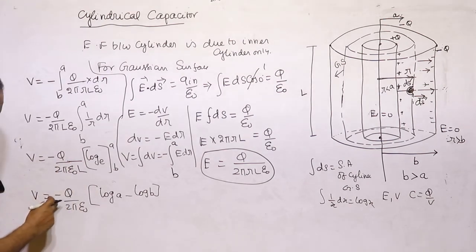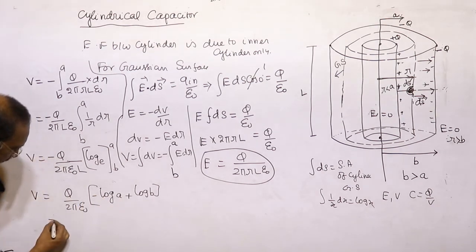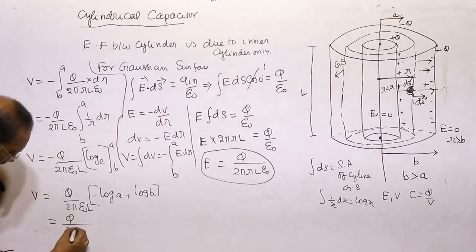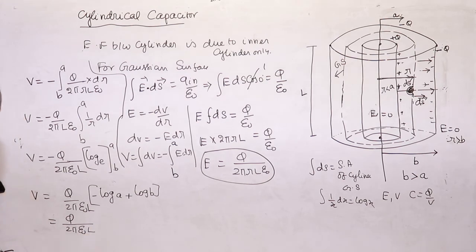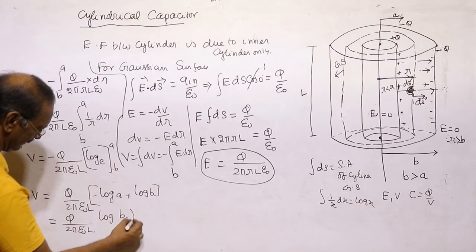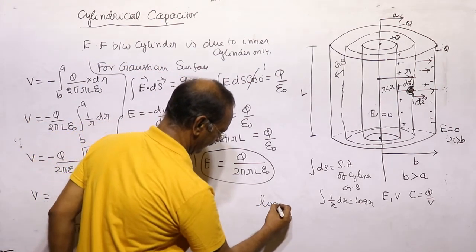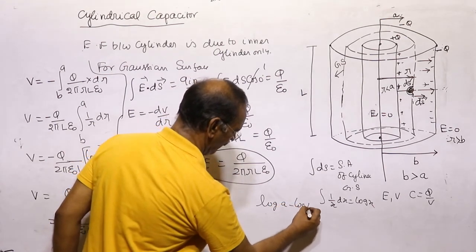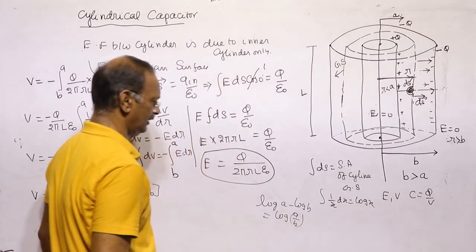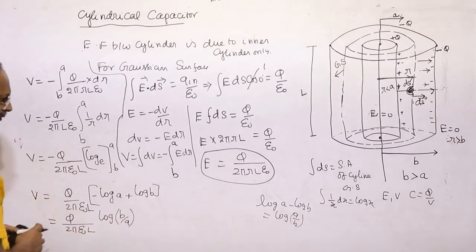If you take the minus inside, this will become plus. Therefore V is equal to Q by 2 pi epsilon naught L into log B by A, because log of B minus log of A is the natural log of B by A.